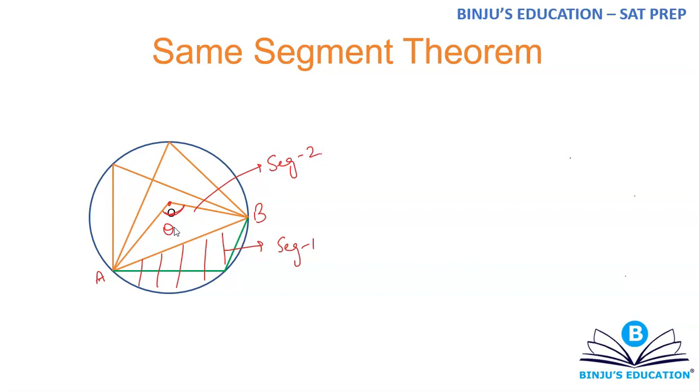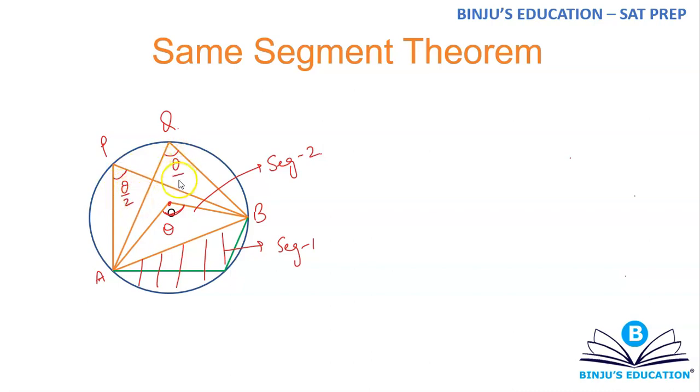So what this theorem says is, if you pick any point in segment 2, provided that it lies on the circumference, for example, let's talk about these two points P and Q. P and Q both lie in segment 2, and both lie on the circumference. So the angle APB and angle AQB will be equal to theta by 2.